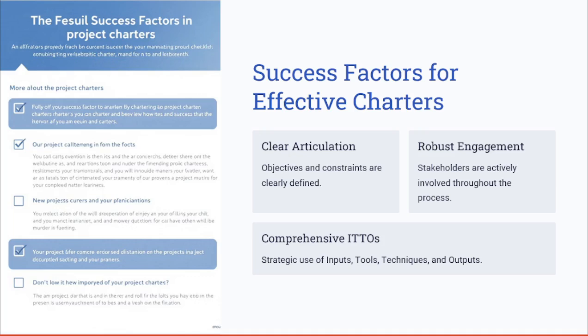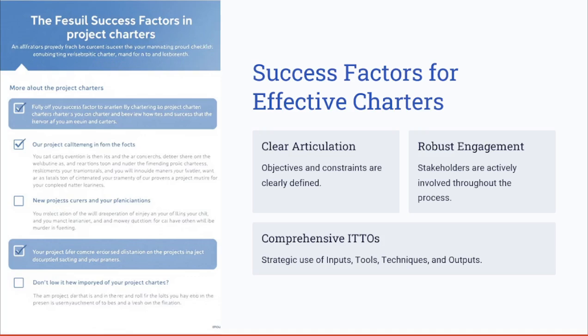Now the success factors for effectively building a project charter. Effective project charters are characterized by clarity, robust stakeholder engagement, and strategic use of the ITTOs, which we have covered earlier. These factors set the stage for successful project execution.